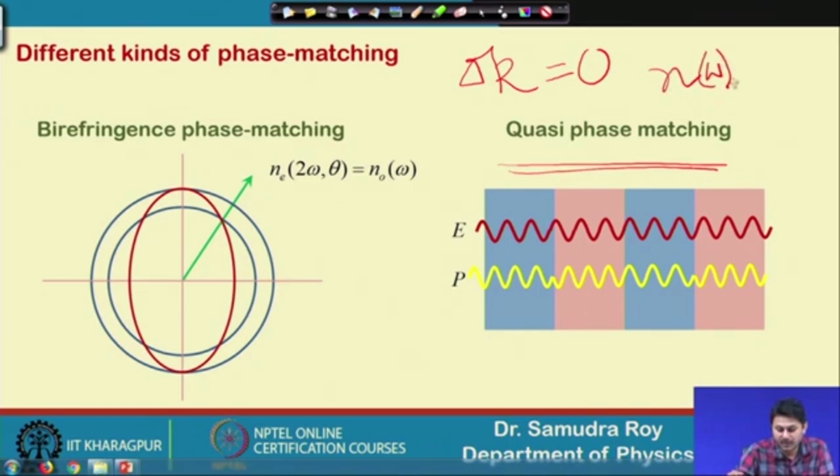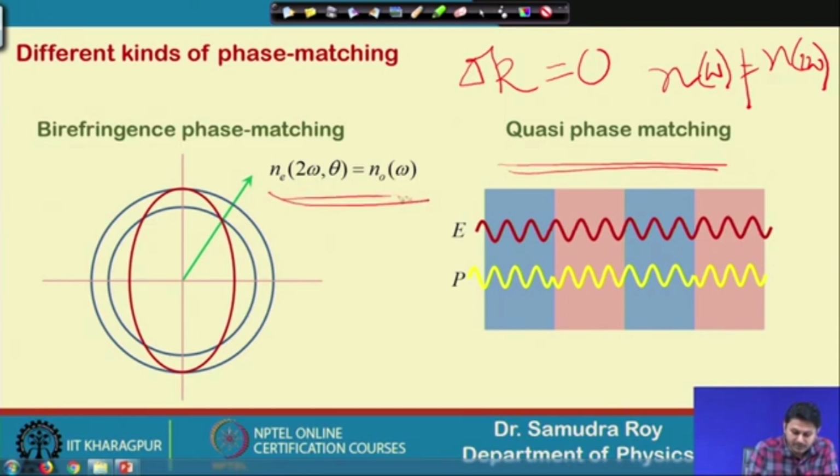was n of omega has to be equal to n of 2 omega, but due to the presence of dispersion, this condition is never valid. But if n of omega is not equal to n of 2 omega, then one thing we can do is equate n e of 2 omega to n o of omega.